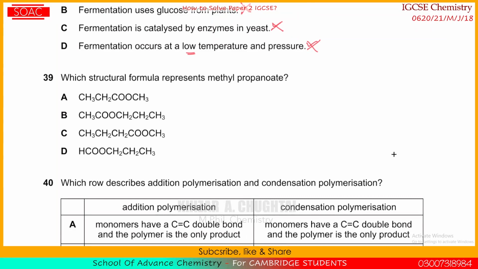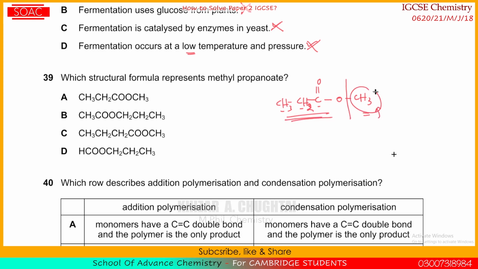Which structural formula represents methyl propanoate? First of all, I'm going to draw methyl propanoate. CH3, then oxygen, then carbon double bond O, and propanoate: one carbon, two carbon, and a third carbon, I mean CH3, CH2, and CH3. This is called methyl propanoate.